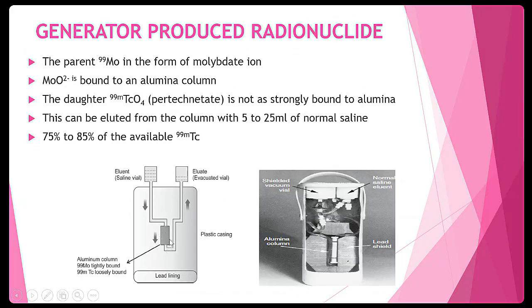When saline is passed through this, the daughter, which is 99m technetium, cannot bind to this aluminum column, so it will be eluted out into the eluate like this. And whatever remains will be 99 molybdenum. So that's how we do the generator produced radionuclide.